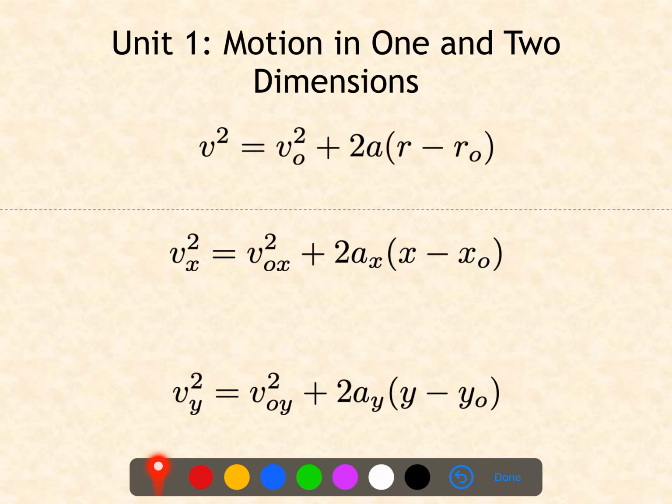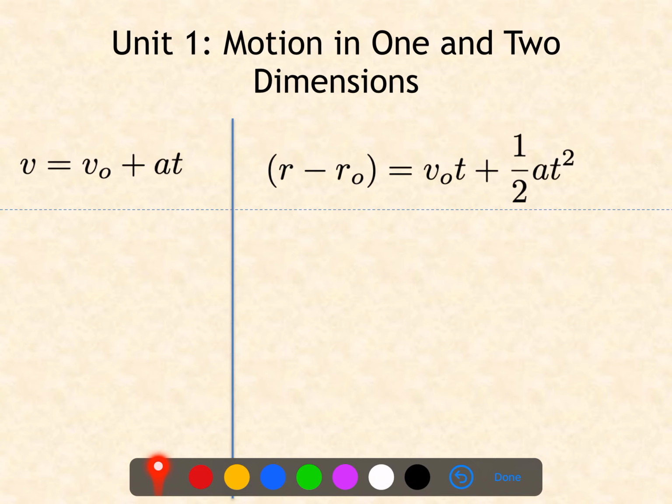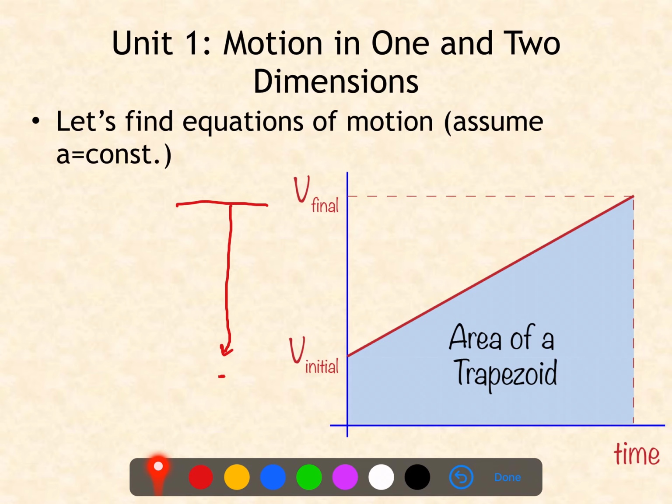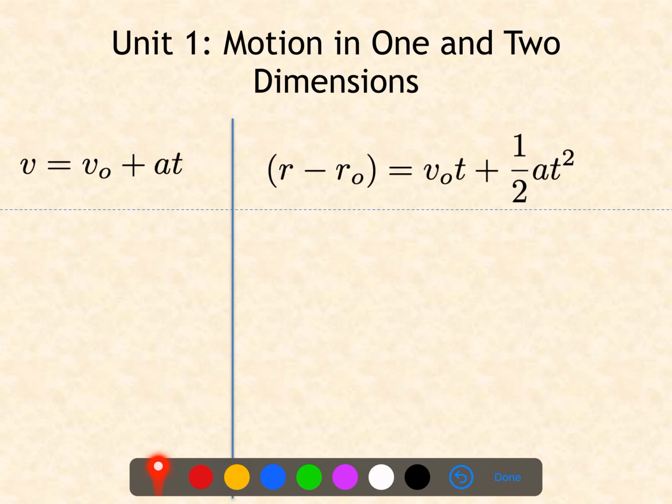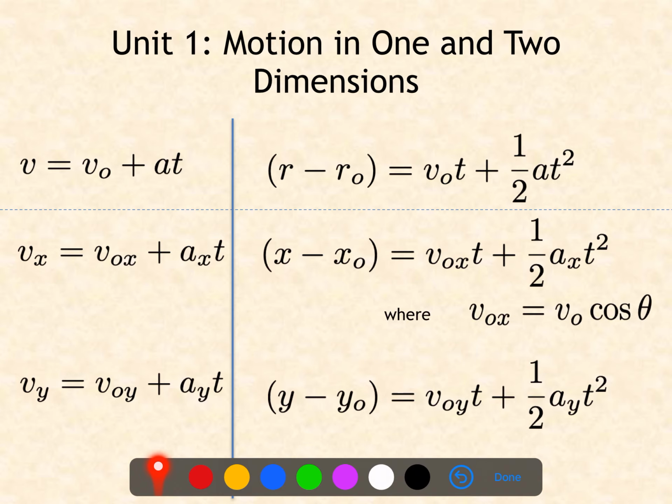Now I'm going to preemptively ask you to think about what happens to these now six kinematics equations if there is no acceleration. Going back, for example, to these equations, what happens if there's no acceleration?